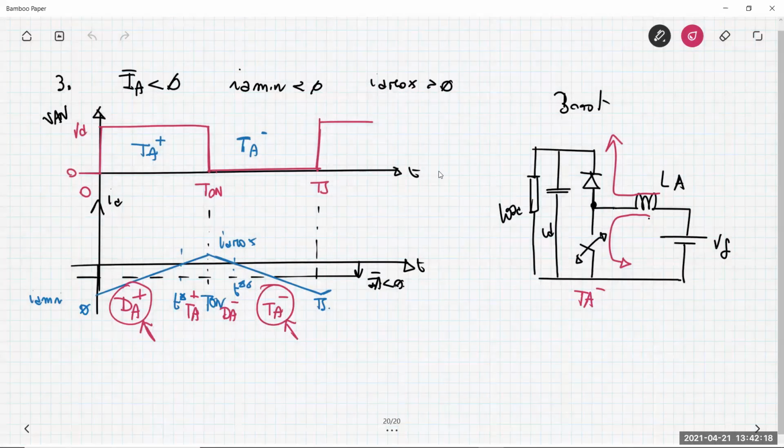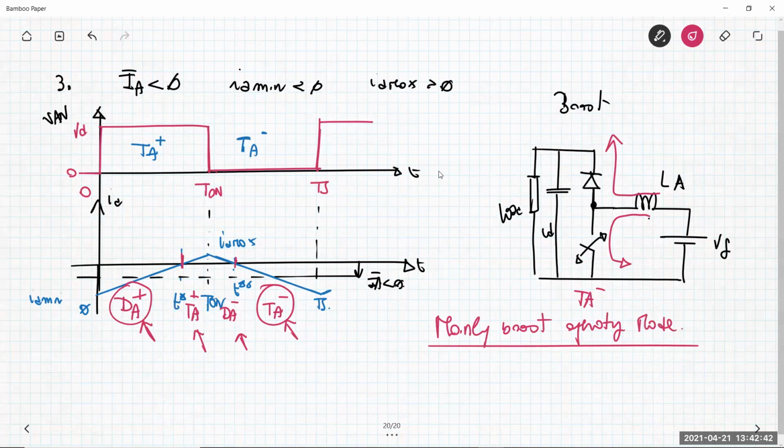Here, as you can see, it is not only TA plus and TA minus that are working, because there is also the contribution of TA plus and TA minus, but basically most of the time we are exactly in the boost operating mode. So we can say that this is the mainly boost operating mode.